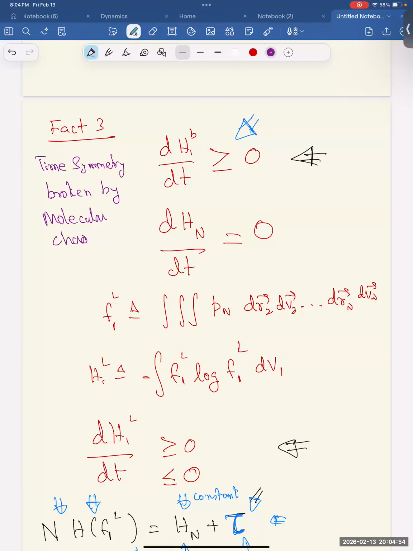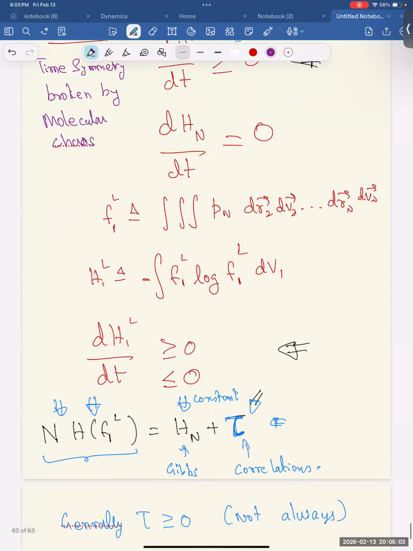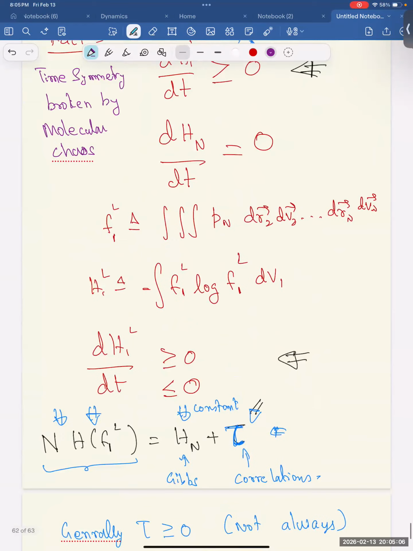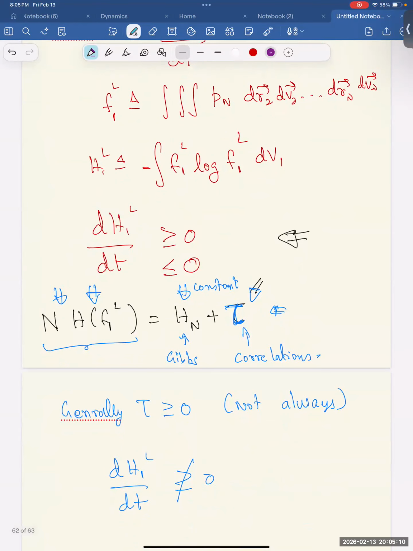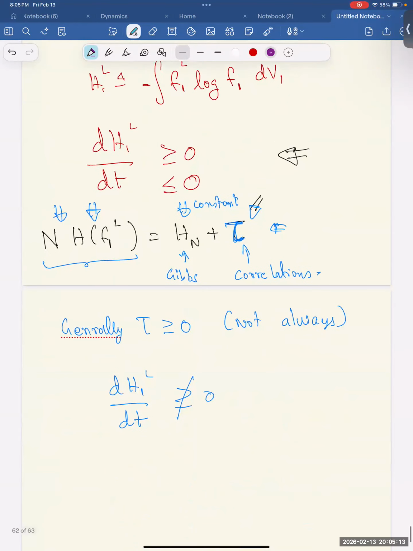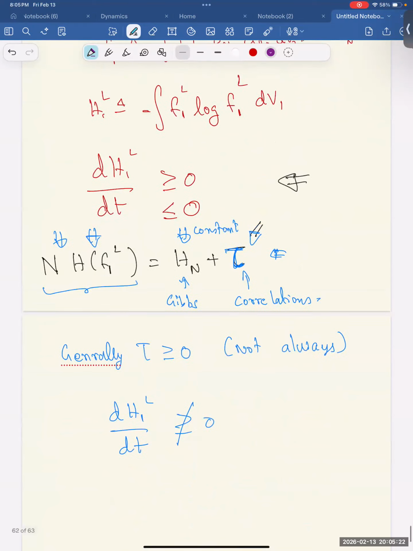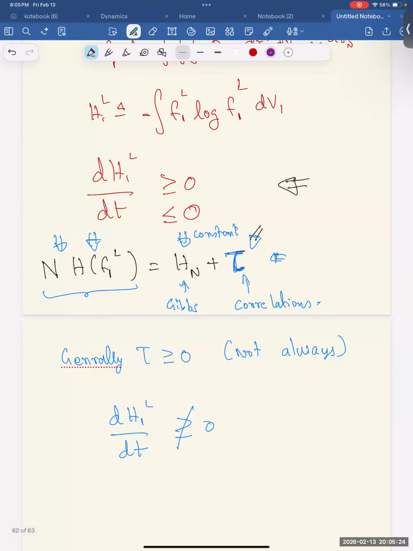You're assuming that just before collision, things are uncorrelated, right? So going forward in time and backward in time, they're not the same, okay? Whereas in the Liouville case, or in the exact case, there may be some conditions that may conspire to reduce the correlations locally, okay? But generally, your intuition is correct. Okay, so that is fact number 3.